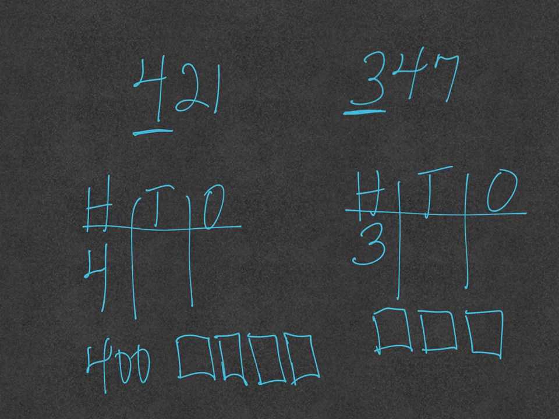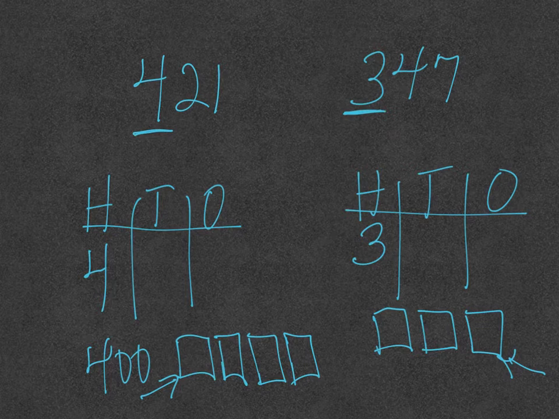So if we look at these two pictures down below, the picture for the 400 value and the picture for the 300 value, which one's more? Which one's bigger? Right, the 400 is bigger.